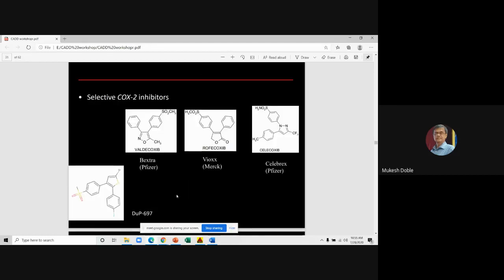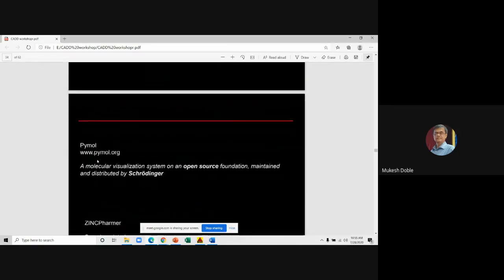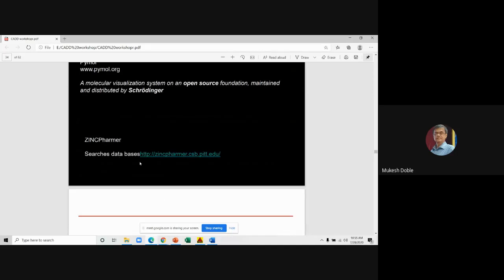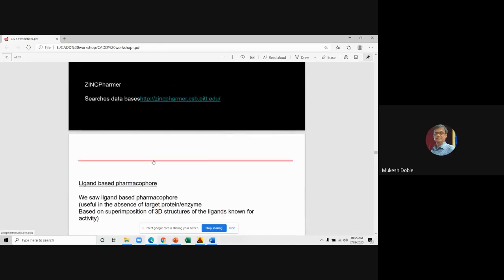Here I am showing these 4 structures which are reported for selective cyclooxygenase 2 inhibition. That is our starting point. PyMol you can download for visualization. It's free for students and faculty, open source. ZincPharmer will search the databases.